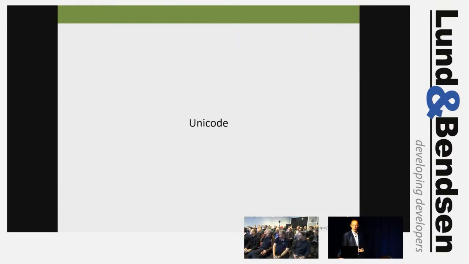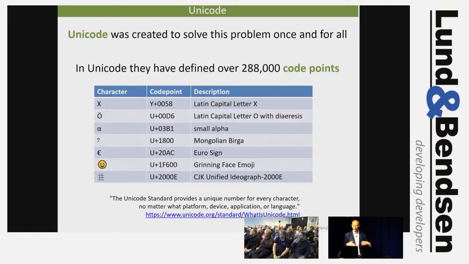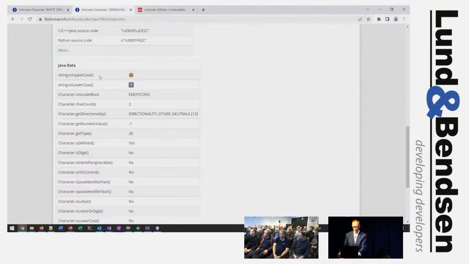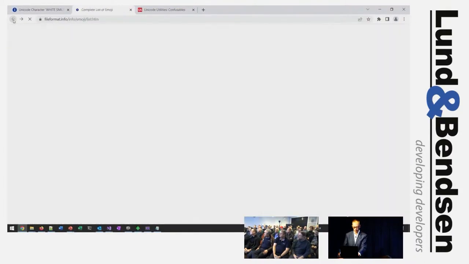So the solution is Unicode. What is Unicode? Unicode is an effort to make a globally unique map of every possible character. For each character, we give it a code point and a description. And in this map today, there are over 288,000 code points defined. Everything from emojis and similar things is mapped in this map. We can actually see that map if we search online.